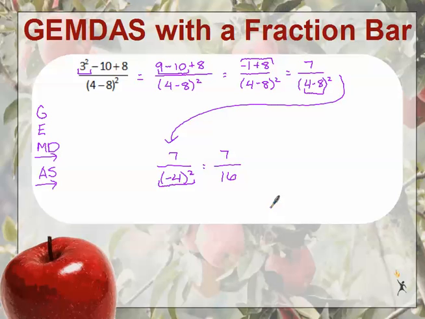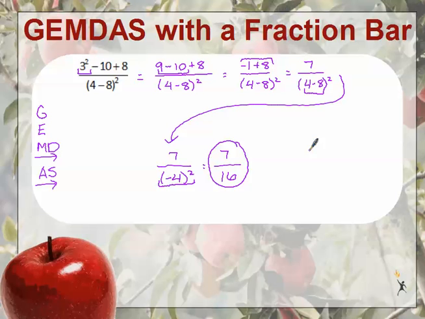Now, the question I have to ask myself is, can I divide 7 divided by 16? Well, if I divide 7 by 16 in my calculator, I get a decimal. So, the question I now need to ask myself is, can I simplify it? Are they even? Can I divide by 2? No. Do they end in 5 or 0 for me to divide by 5? No. Can they both divide by 3? No. And 16 doesn't divide by 7, so 7 over 16 is going to be my final answer for this problem.